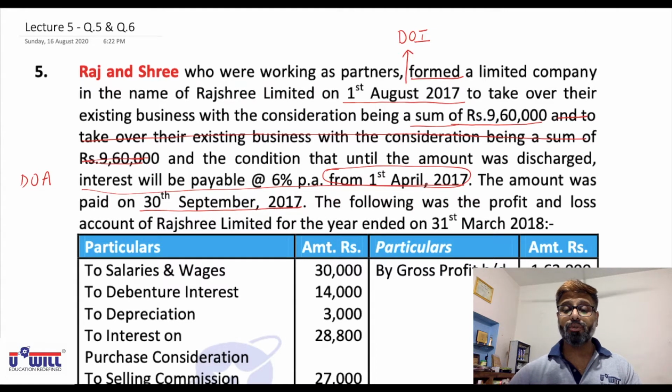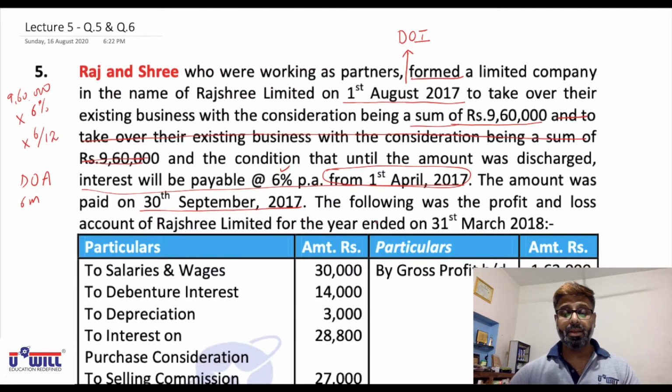So the time ratio for this interest will be calculated from April to September only, which is the date of repayment. You can count April, May, June, July, August, September. 30th September means 6 months interest is to be paid. So that would be 9,60,000 into 6% rate of interest into 6 divided by 12.